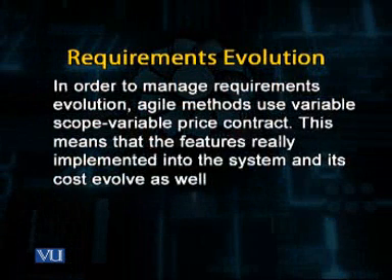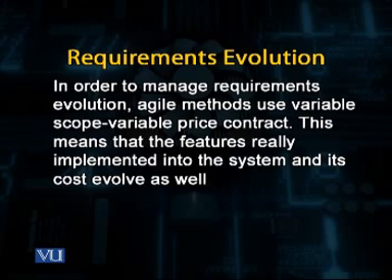Now, if we have shorter life cycles, the development costs will remain the same in each life cycle, and if the binding decisions are made later in the project, the impact of making changes cost-wise is not going to be that punitive. In order to manage requirements evolution, agile methods use what is known as variable scope, variable price contracts.